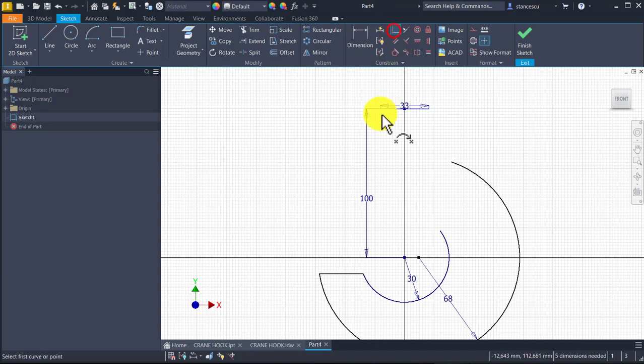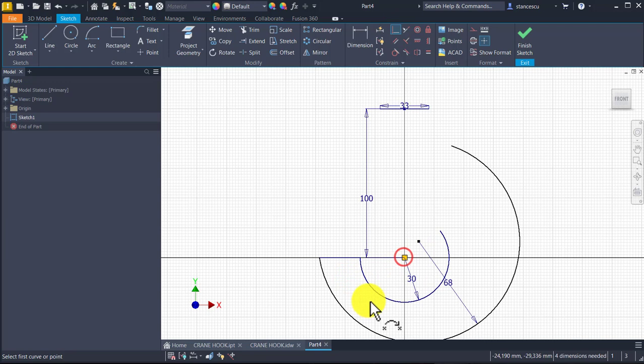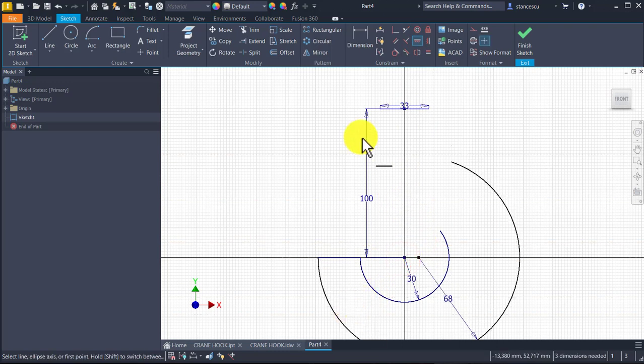Then I apply coincidence between the line and the point. You see, this point is not on the same horizontal. I place it on the same horizontal. Good. Distance of 12, I said, between this line and this arc and this arc. 12.